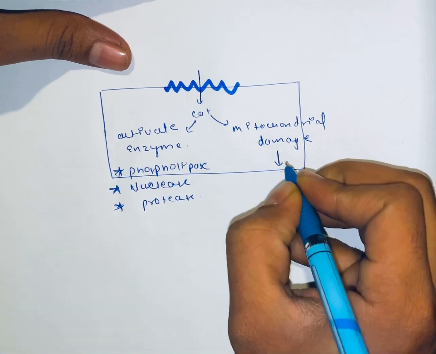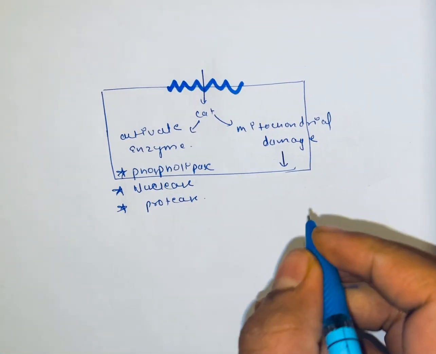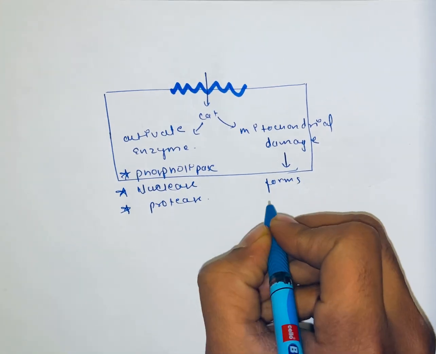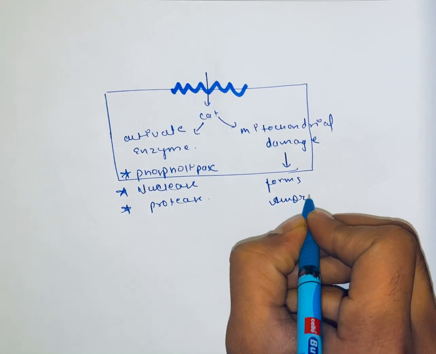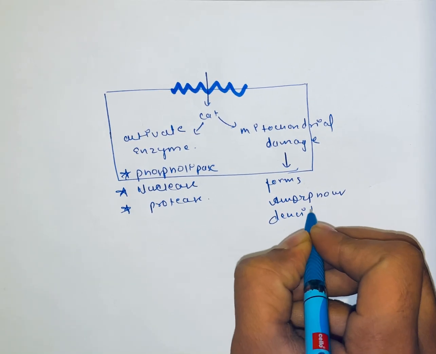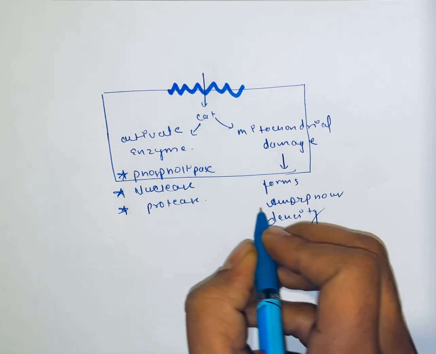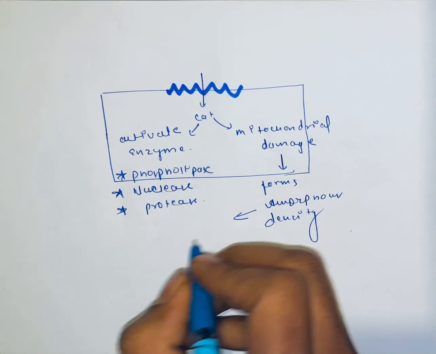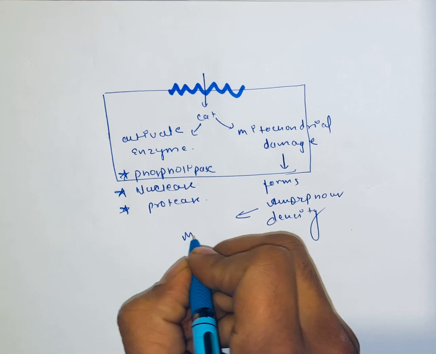When calcium deposits in the mitochondria, it causes mitochondrial damage and forms an amorphous density. So the question comes: amorphous density is seen in which organelle? Our answer will be mitochondria.